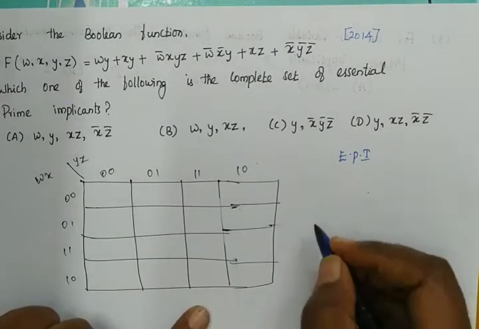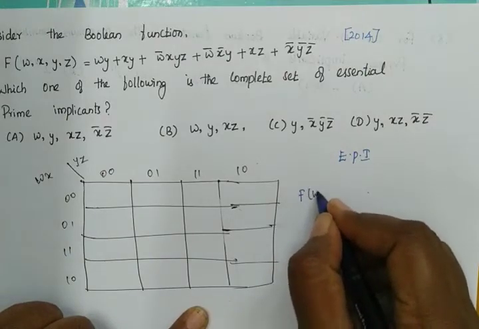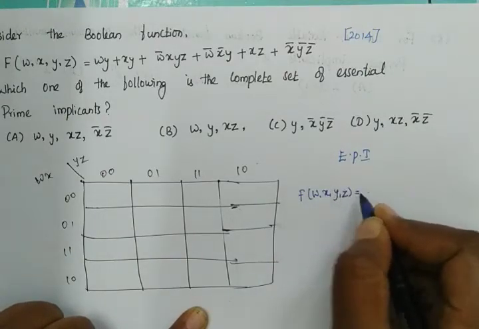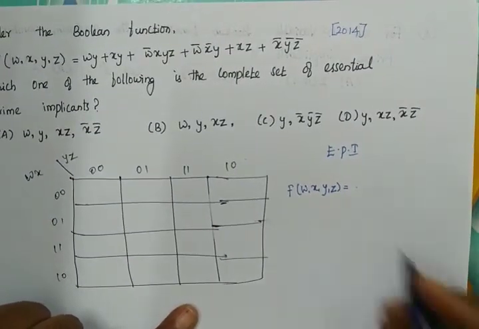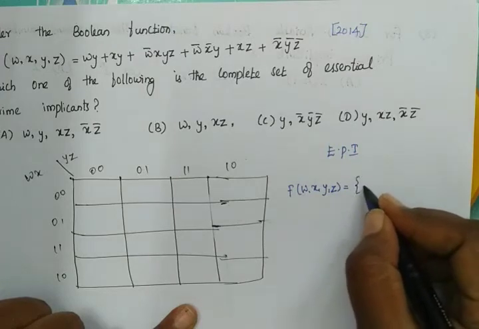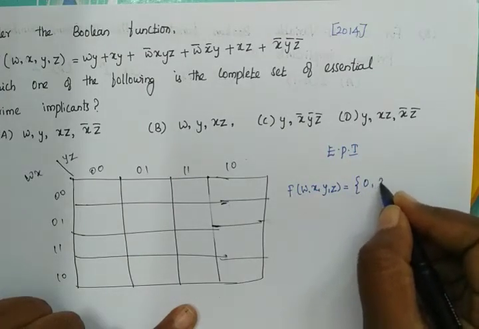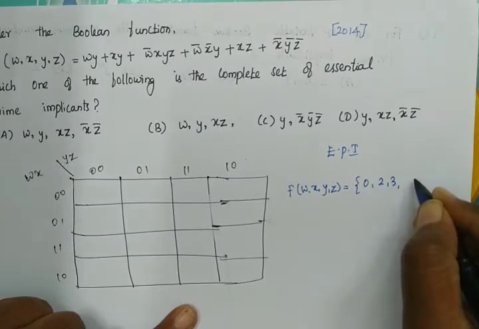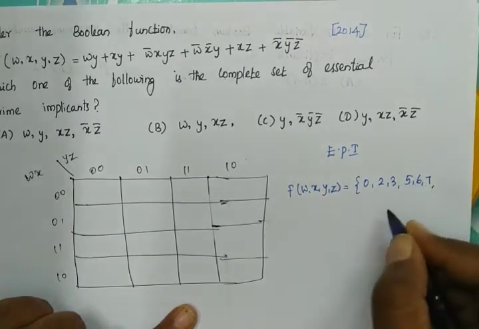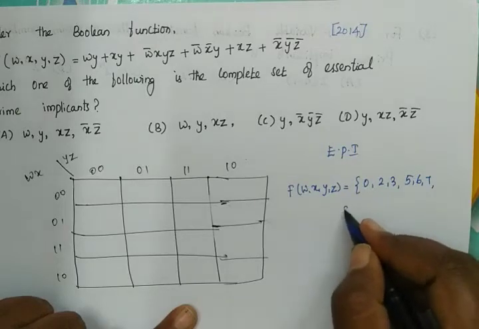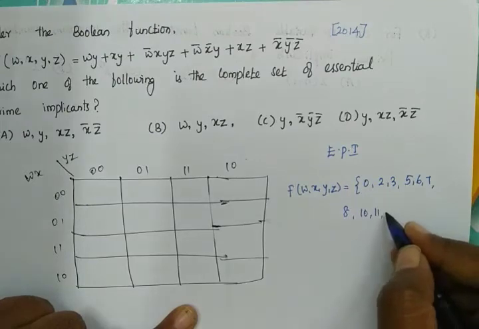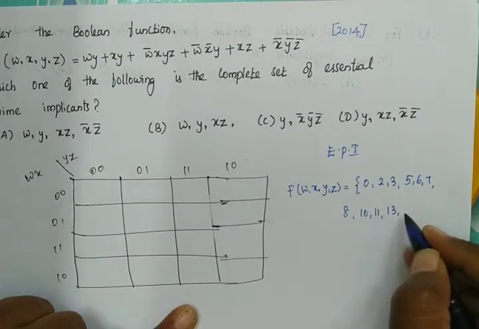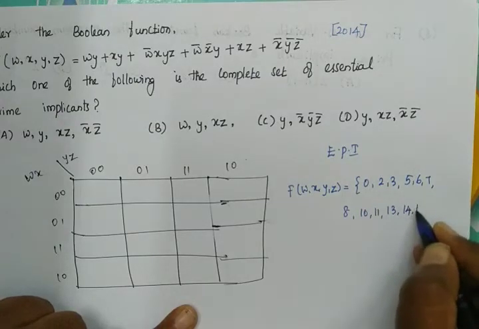So I'll write the answer directly, that is f of wxyz equal to the numbers after canonical conversion: 0, 2, 3, then 5, 6, 7, 8, 10, 11, 13, 14, 15.